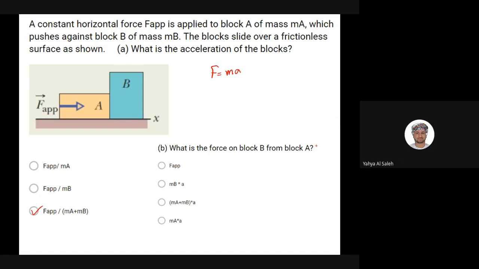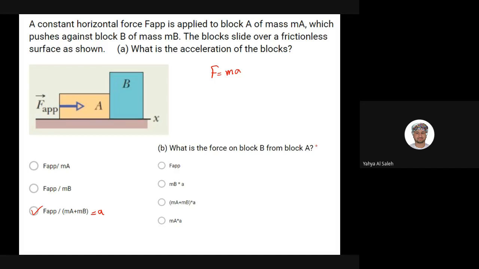Now, here's the key point. The force applied on block B is directly proportional to the acceleration of block B. We agreed that the acceleration here is F applied over MA plus MB.